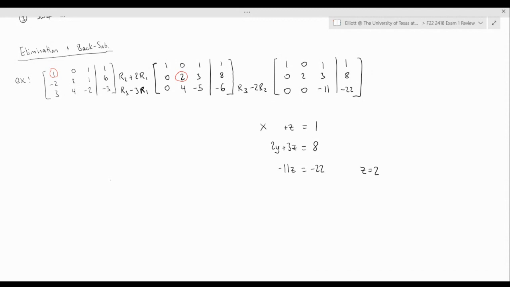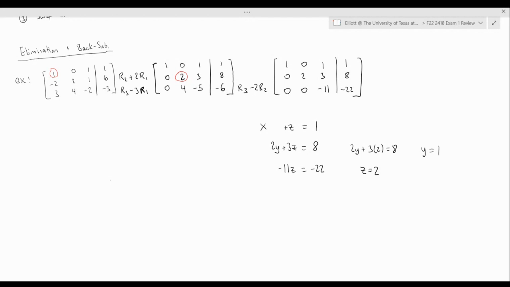And then we can substitute this back into the second equation now. So we plug in 2 for z. We now see that we can solve for y from this. So you're going to get 2y equals 2. So y is going to be equal to 1.